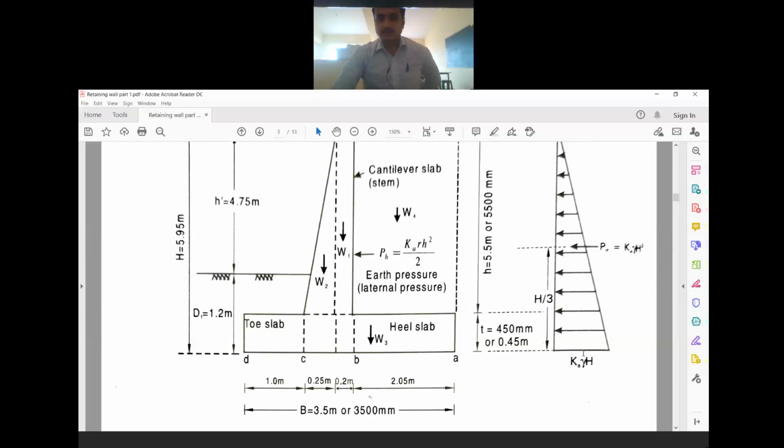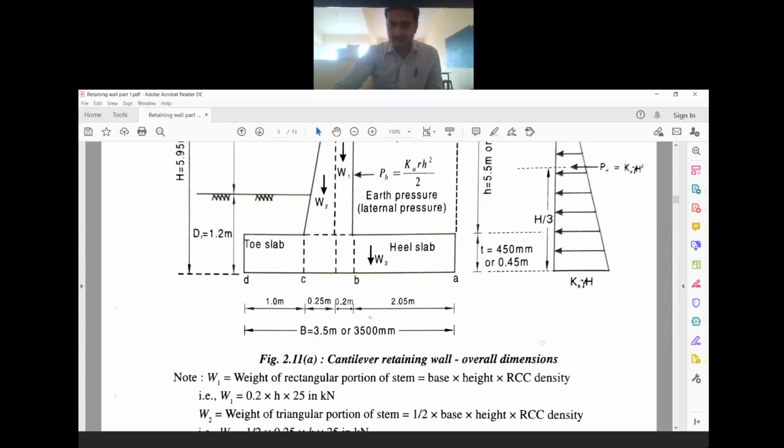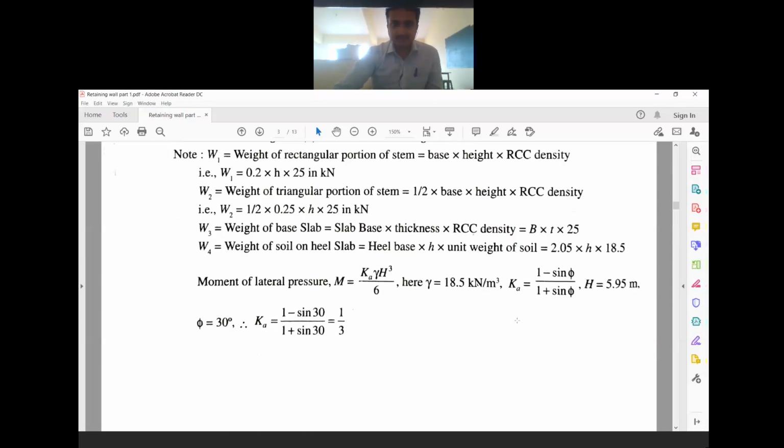If I am at this portion, the reference axis is the bottom. If I calculate moment at the bottom, the moment is the force into perpendicular distance. Ka gamma h square is the magnitude of the force at a distance of h by 3. So Ka gamma h square multiplied by h by 3, that is h into h square, h cube, divided by 3. So that is the formula of moment.